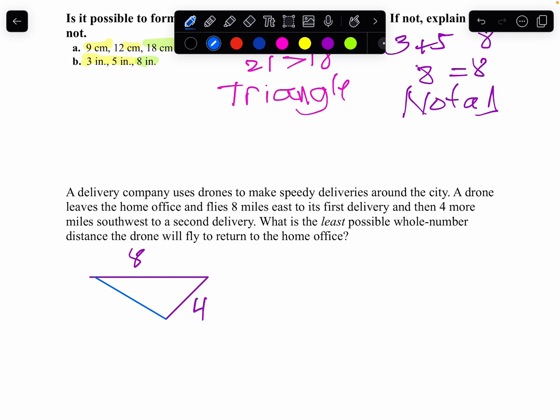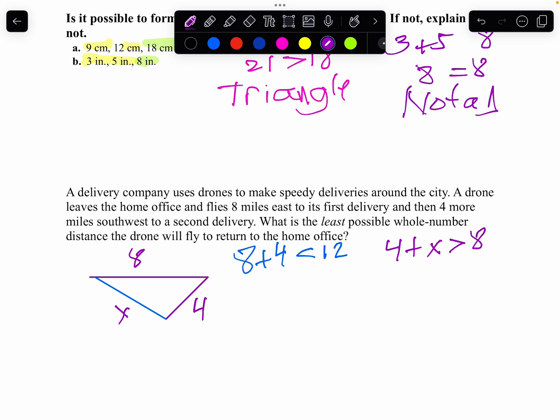Well, if the third side is my biggest side, I know 8 plus 4, that's 12, isn't it? So in other words, the third side has to be less than 12. Not equal to, but less than 12. However, no one said the blue segment is going to be the biggest side. If the blue segment isn't the biggest side, then 4 plus x has to be greater than 8.